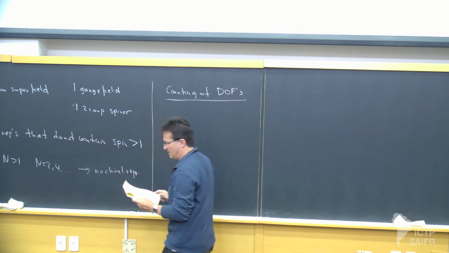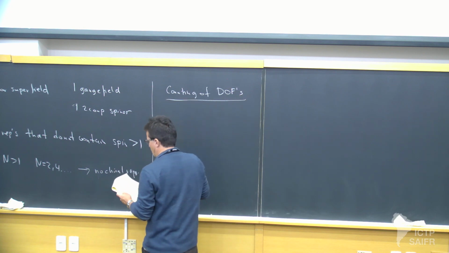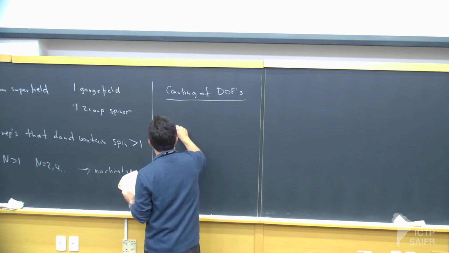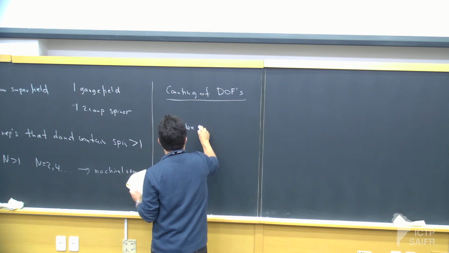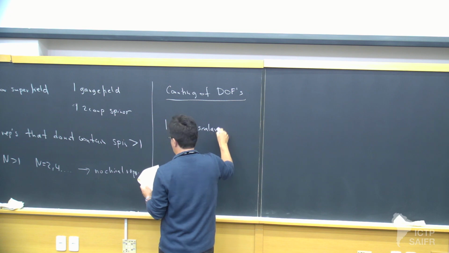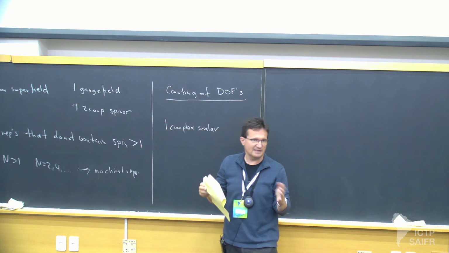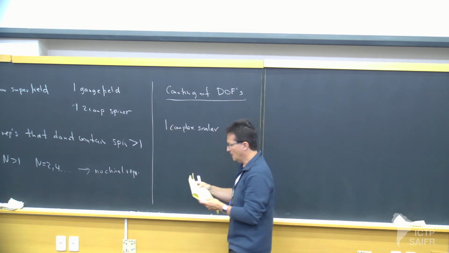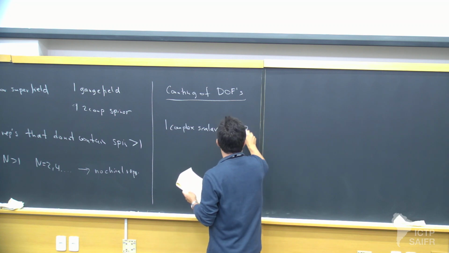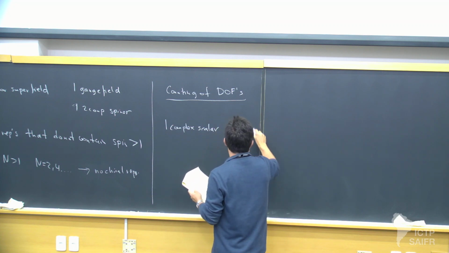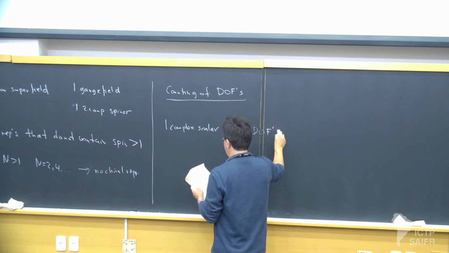Let's say for a chiral superfield. So if you think you have one complex scalar, so that's 2 degrees of freedom, the real and the imaginary part, they are both independent, so 2 DOFs.